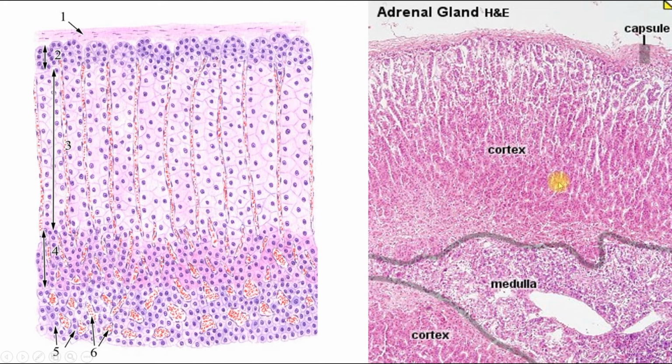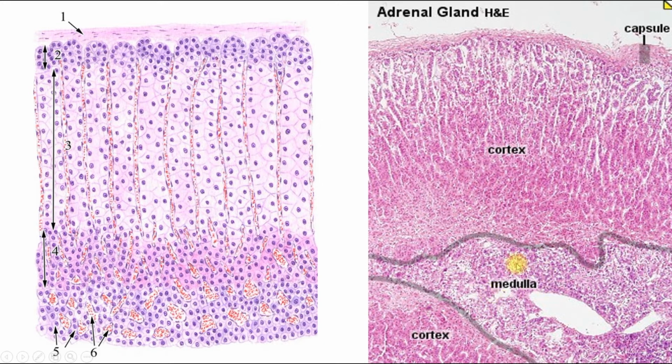It's formed by epithelial tissue, and it forms trabecula, which are a little bit modified. But medulla is composed of modified sympathetic neurons, modified nervous tissue, and it's not epithelial tissue. So medulla has bigger relationships with nervous system than with endocrine system.